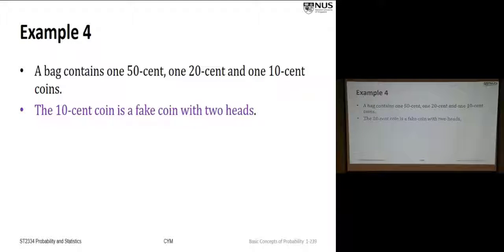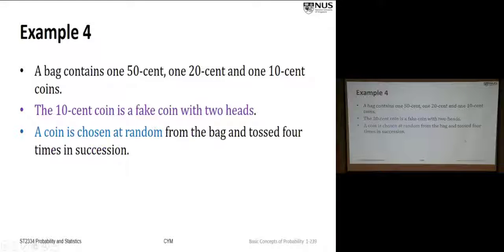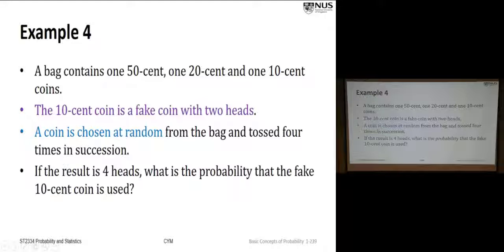The other 2 are normal ones with 1 head and 1 tail. So now we choose a coin at random and toss it 4 times. And then if we see 4 heads, what is the probability that it is the fake 10 cents coin?